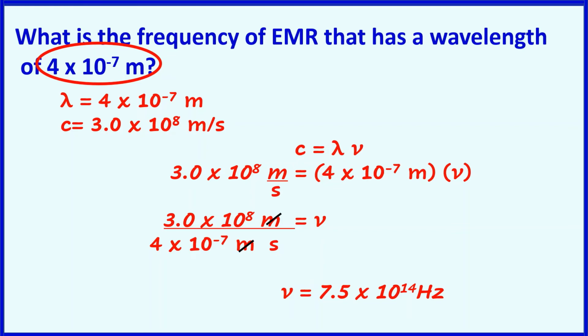Remember, when we multiply and divide, our answer cannot have more significant figures than the least number in our calculation. So since 4 times 10 to the negative 7 only has 1 sig fig, our answer can only have 1 sig fig. So we're going to want to round 7.5 to 8. So our final answer should be 8 times 10 to the 14 hertz.